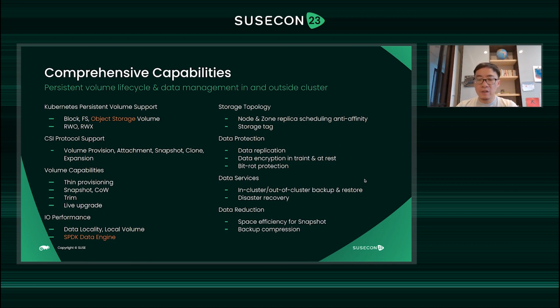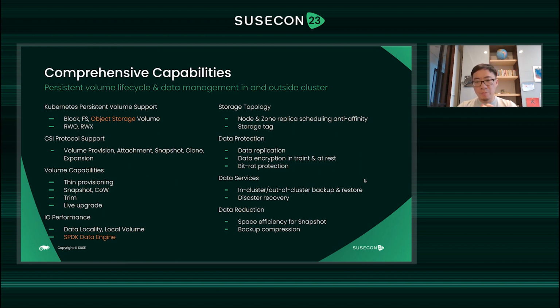Storage tag: you can tag your disk and have a different strategy to decide where you want to place your data. Data protection: we rely on data replication. This is a Longhorn volume's basic functionality to make sure data is available even if you lose one or even two replicas if the replica number is three.